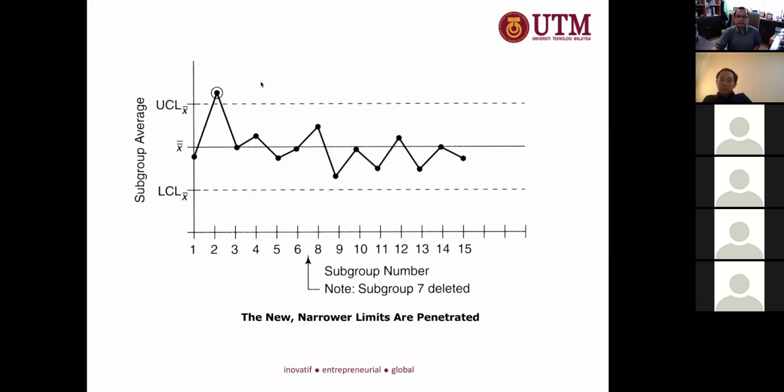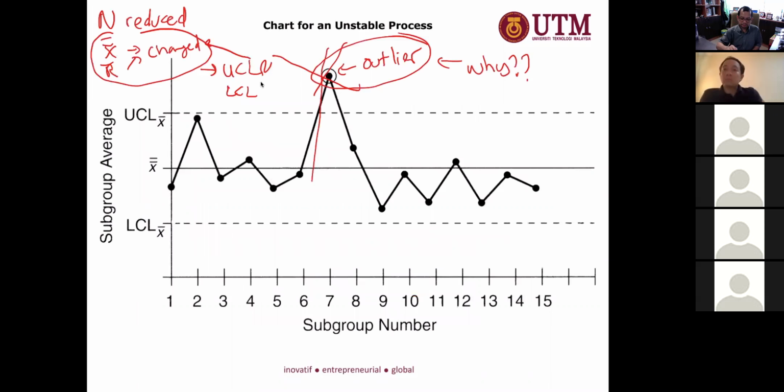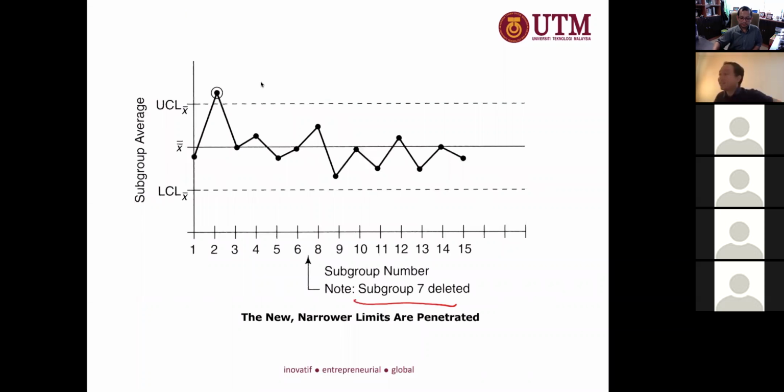Then plot again. After I delete subgroup 7, I delete this one, then I got the new limit. This also the new one. Data remains the same, still this X bar.